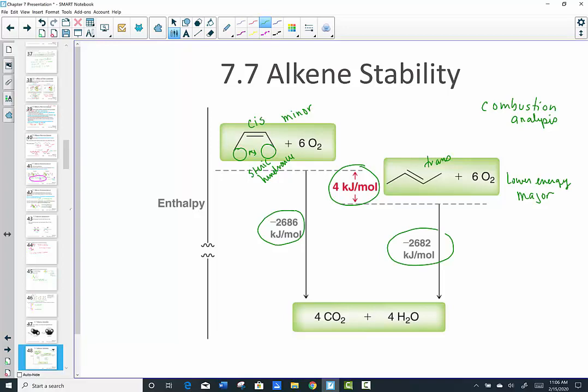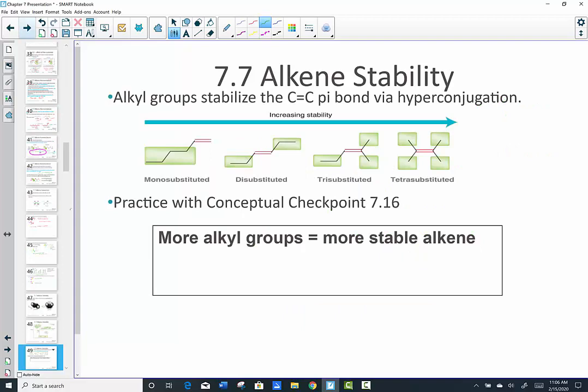So keep in mind the pi bond is stabilized through this hyperconjugation of nearby alkyl groups. So the monosubstituted versus di, tri, then tetra shows that increasing stability. The more branching, the more stable.